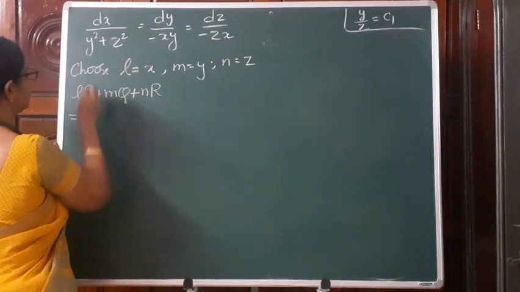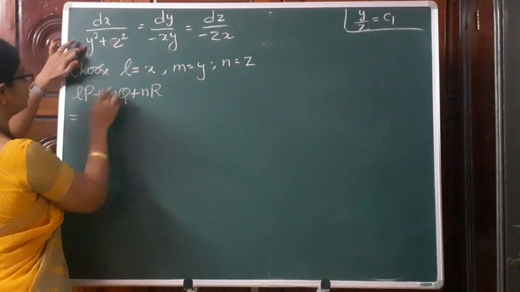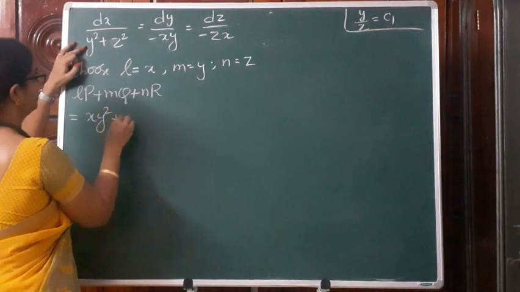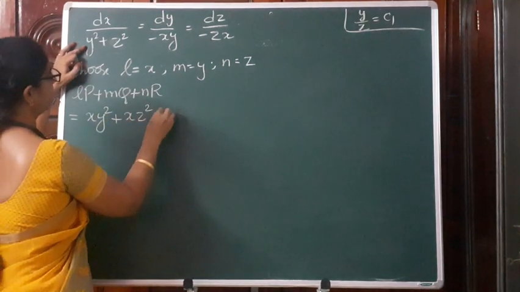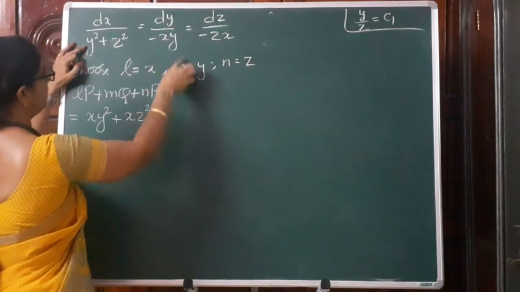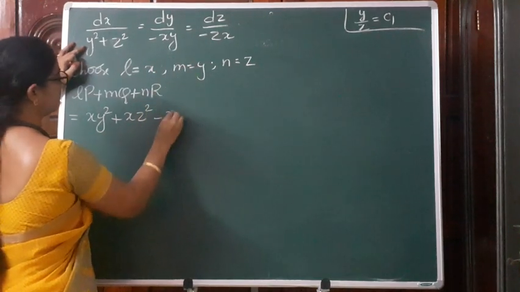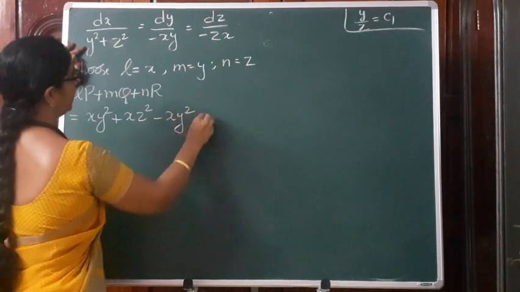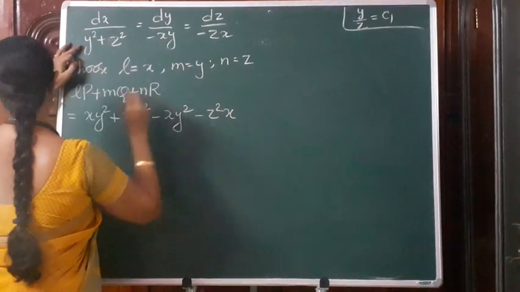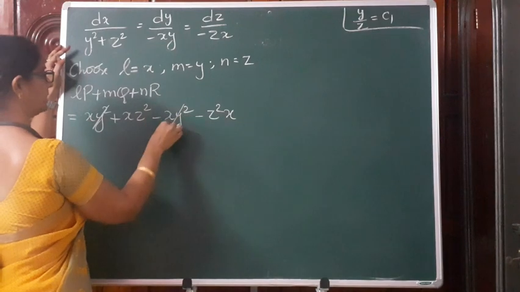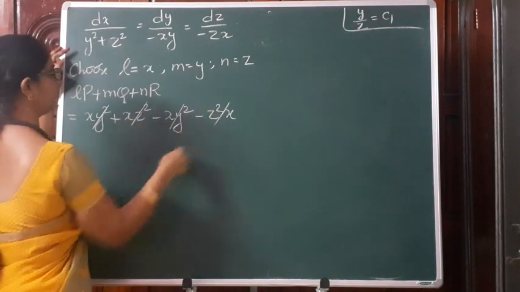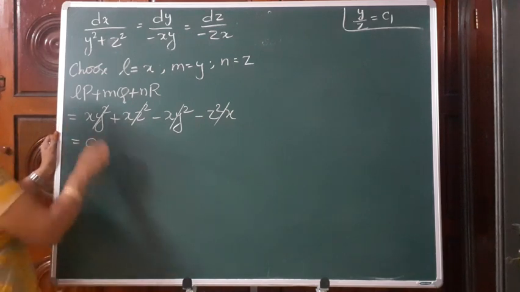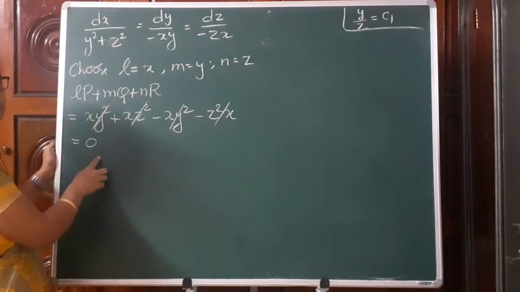What is LP plus MQ plus NR? x into P, that is xy square plus xz square, plus M into Q gives minus xy square, N into R gives minus z square x. xy square minus xy square plus xz square minus xz square cancels and this gives 0. Therefore, LP plus MQ plus NR is 0.